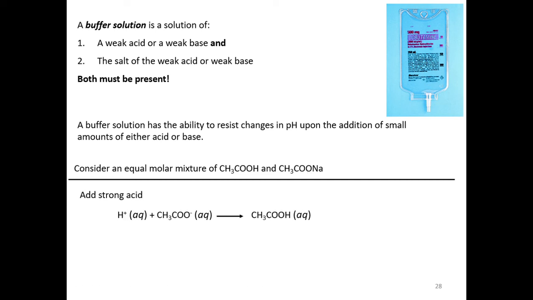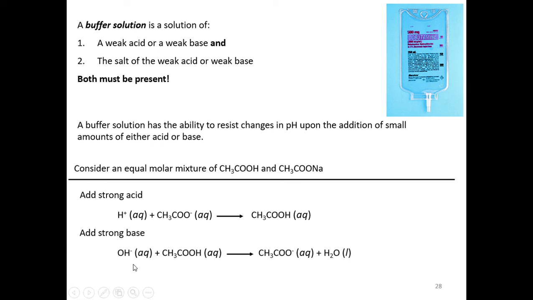If we add a strong acid, maybe I should take a step back. What does this look like in solution? Being that this is a salt, it is going to dissociate 100%, so we're going to have sodium ions and acetate ions. When we add a strong acid, which also has 100% ionization, we're going to have hydrogen ions in solution, and those will react with our acetate to reform the weak acid.